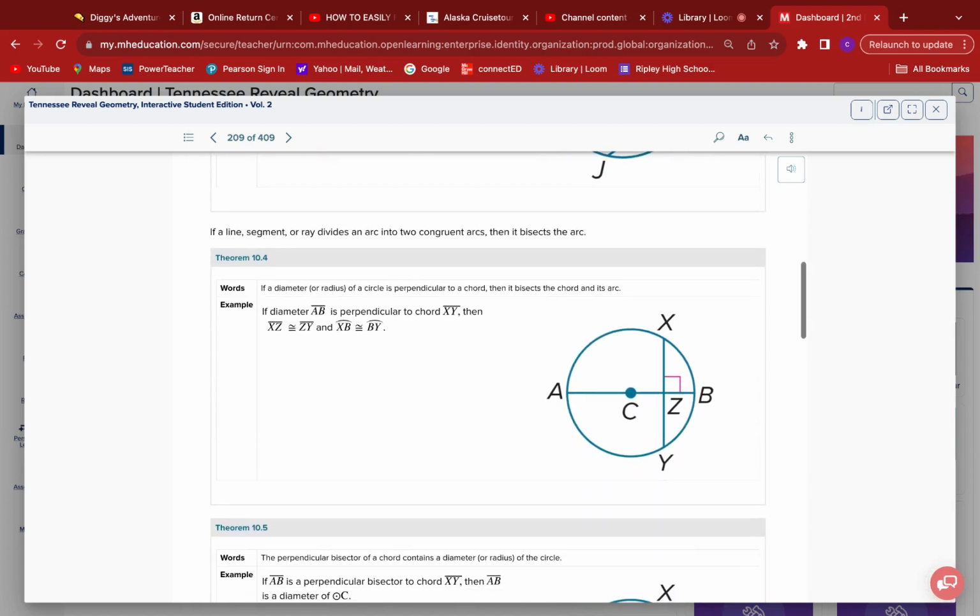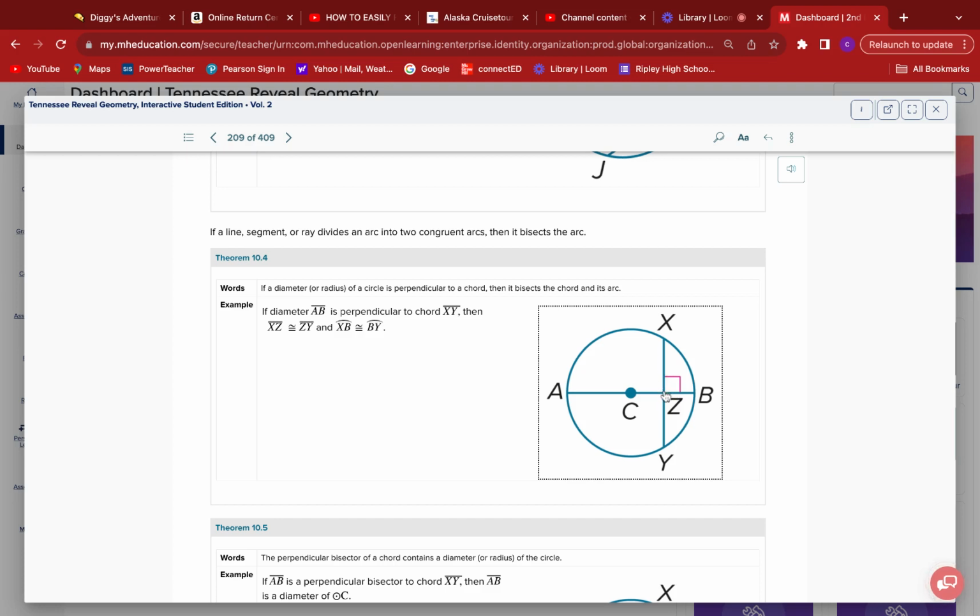I also need you to know that when a radius and a chord, my bad, that is not a diameter, that's a chord, intersect each other at a perpendicular angle, that means a 90-degree box, it bisects the chord.